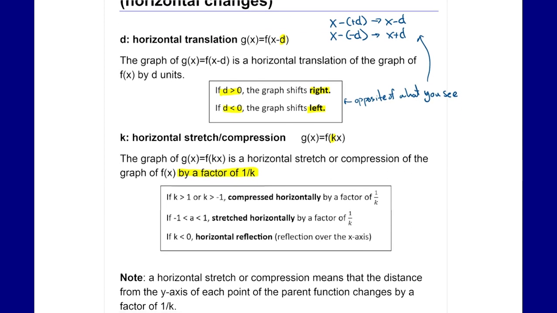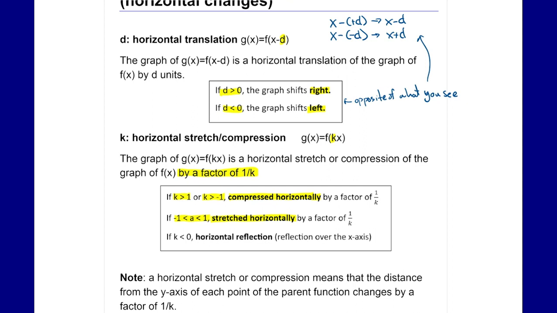So if we have a compression, then that means our k value is greater than 1 or less than negative 1. And it's compressed horizontally by a factor of 1 over k, which we already talked about. If it is between negative 1 and 1, it's stretched horizontally.